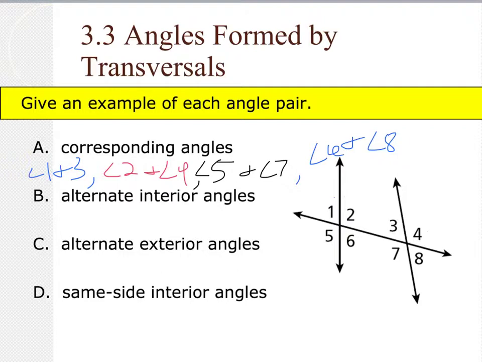Those are your interior angles. Now we're looking at alternate interior angles. So angle 2 and angle 7, those are alternate interior. And last but not least, angle 6 and angle 3, also alternate interior.